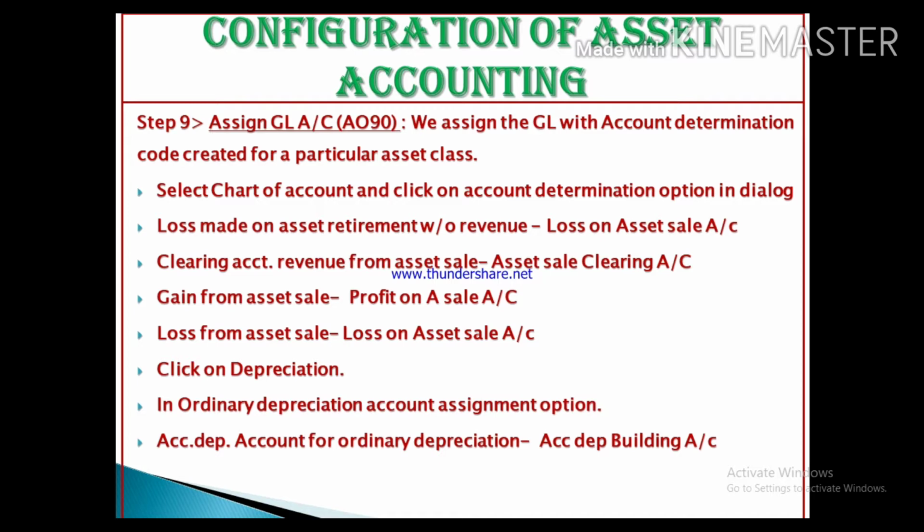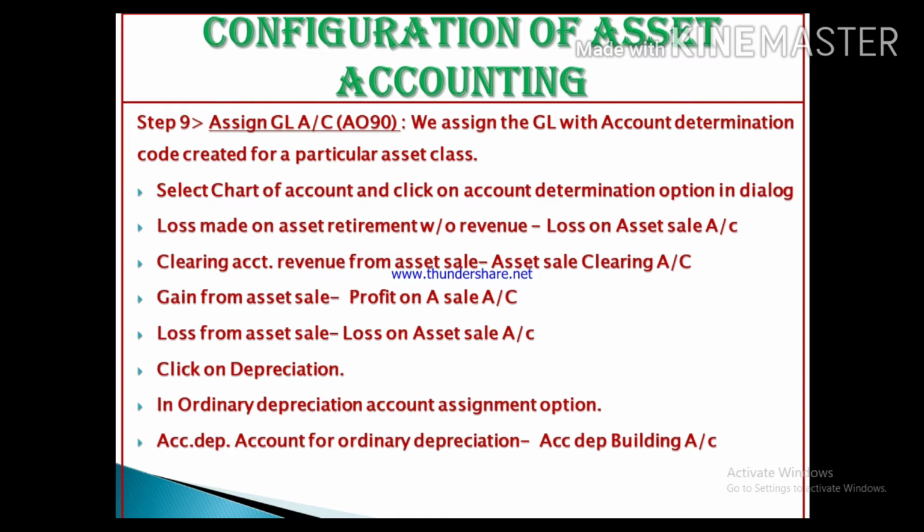So now let's start with step 9, that is assign GL account under the T code A090. In this step we assign the GL with account determination code created for a particular asset class. We assign those GLs which we have created in a previous video for the particular asset class.